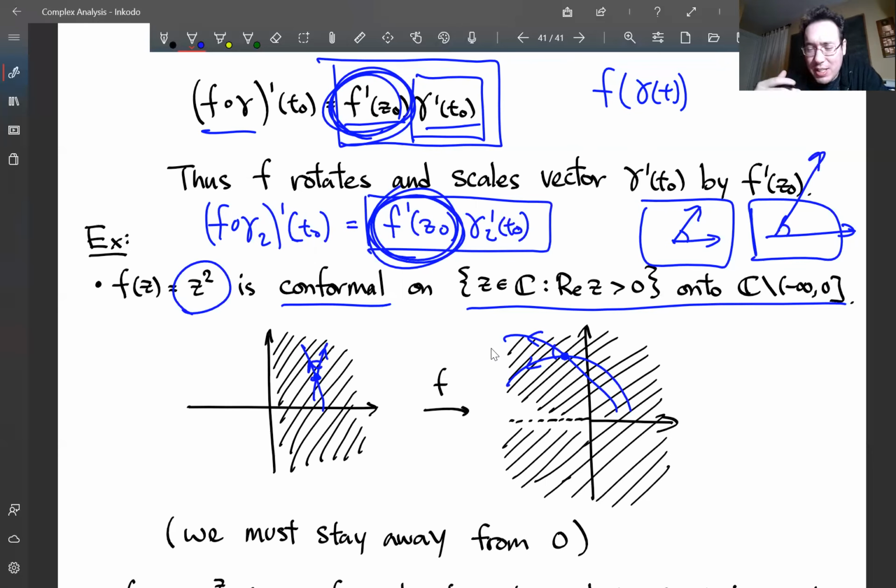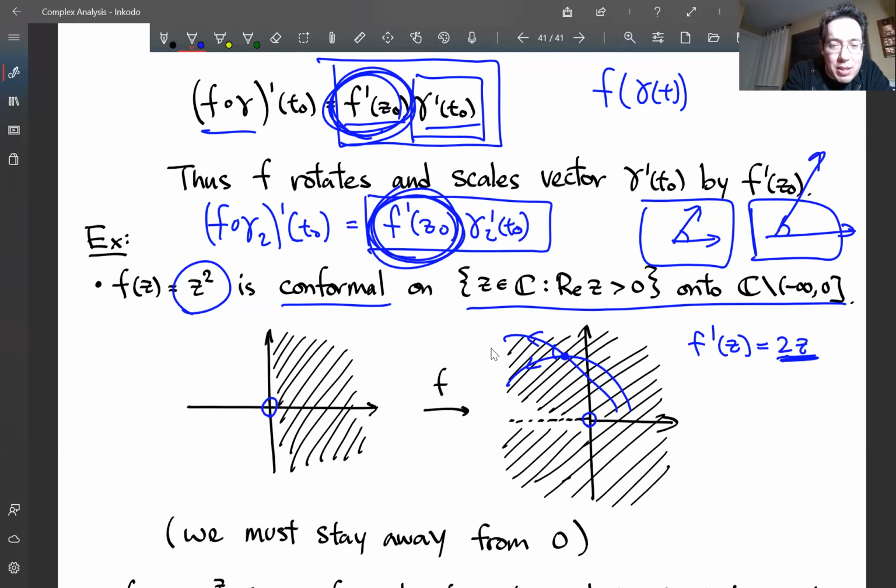Which I think is amazing. Well, actually, we have to look at the derivative. The derivative of z squared is 2z. The only way this could be 0 is if we're looking at the origin. And the origin is not part of the domain, so it's conformal everywhere else. So this transformation doesn't change angles of any smooth curves.